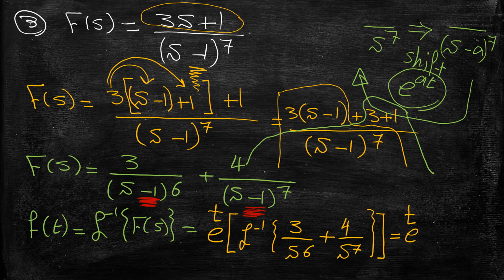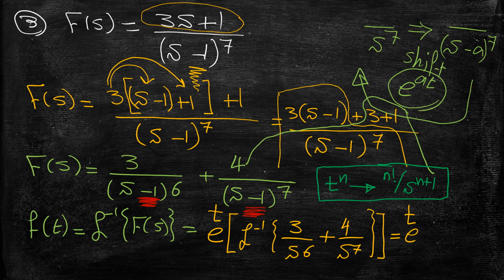For 3 over s to the power 6, we have something previously here. We have t to the power n, whose Laplace transform was n factorial over s to the power n plus 1. So it means t will be to the same power as s minus 1.